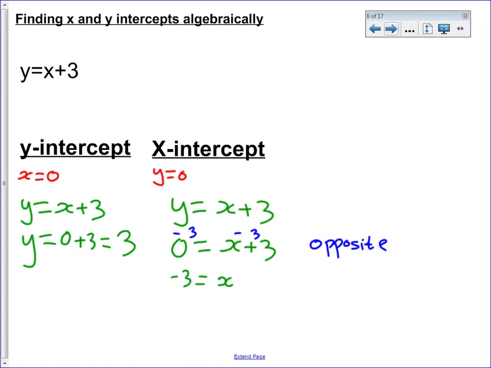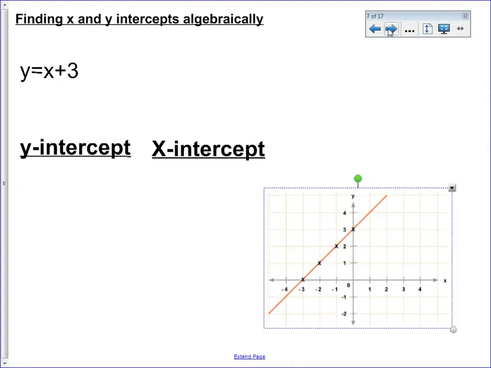So the coordinates of the y-intercept is going to be 0, 3, and minus 3, 0. If we plot that on our graph, we get a graph which looks like this. Notice the x and the y coordinates have been plotted, and we've drawn a straight line through those coordinates.